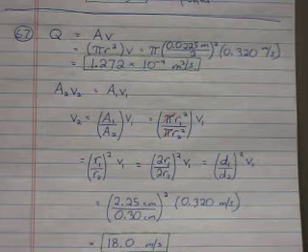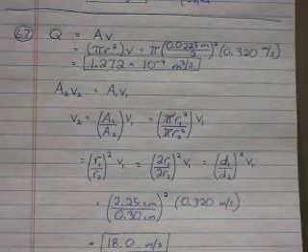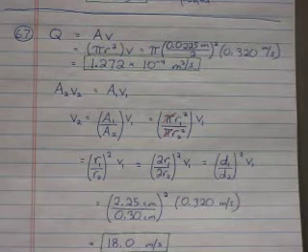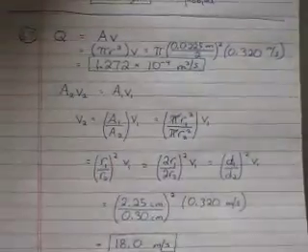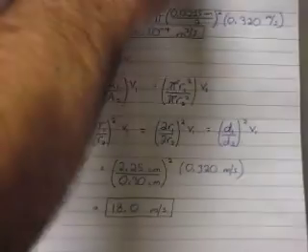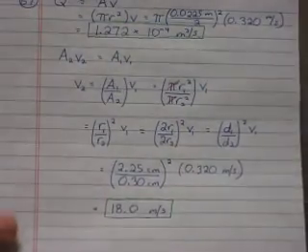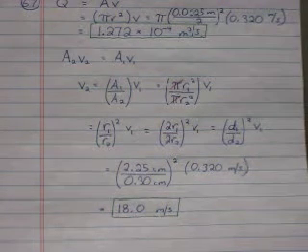Now for part B, when we change the diameter, what is the velocity? The way I chose to do this is to not use our answer for part A. I set it up, first of all, with the continuity equation.